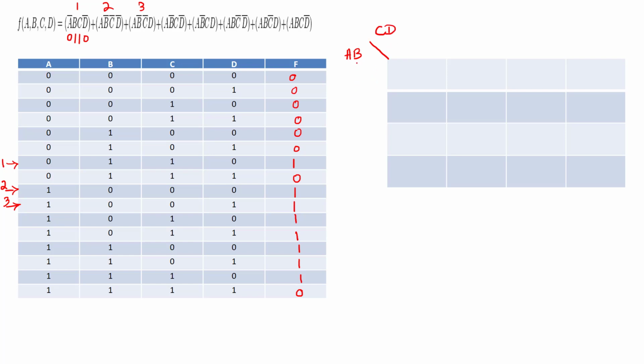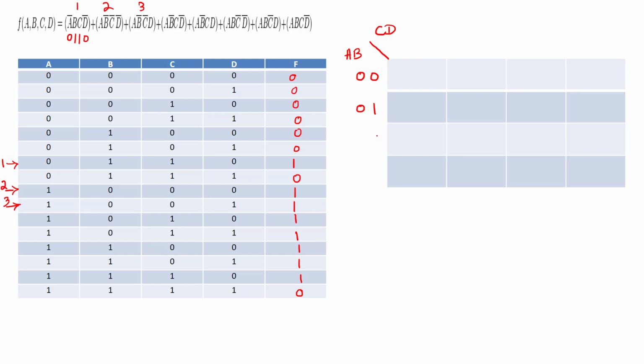So the possible combinations of values for AB are 0 0, 0 1, 1 0, 1 1. And that's what I will label each of the rows here. However, the rule is that between any two given rows, only one variable changes its value. So if I label the first row as 0 0, I can label the next one as 0 1.